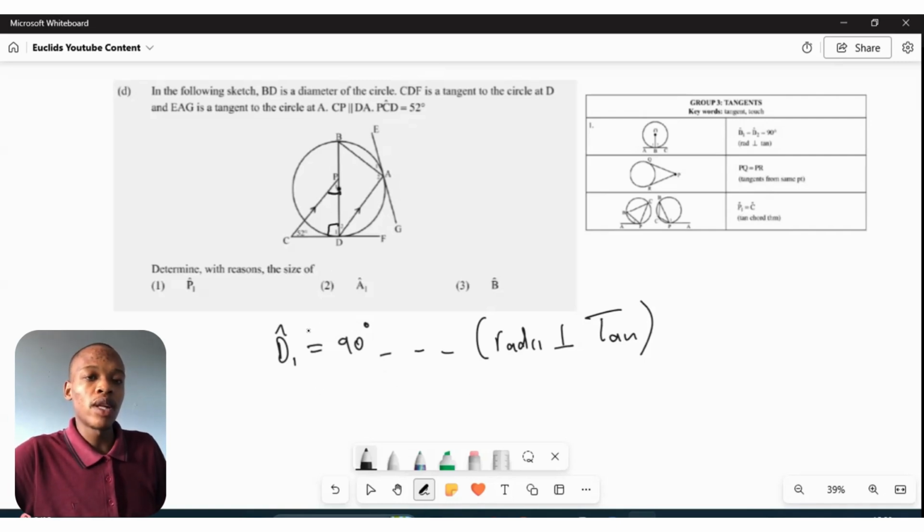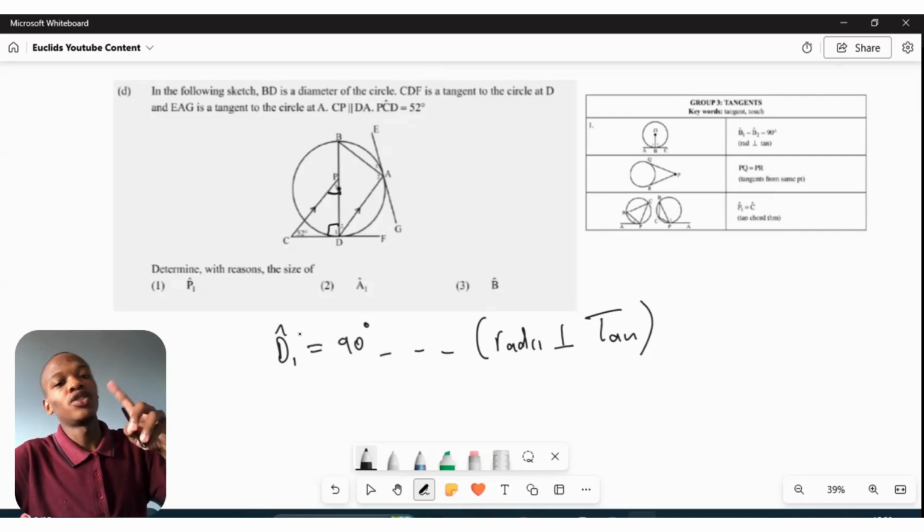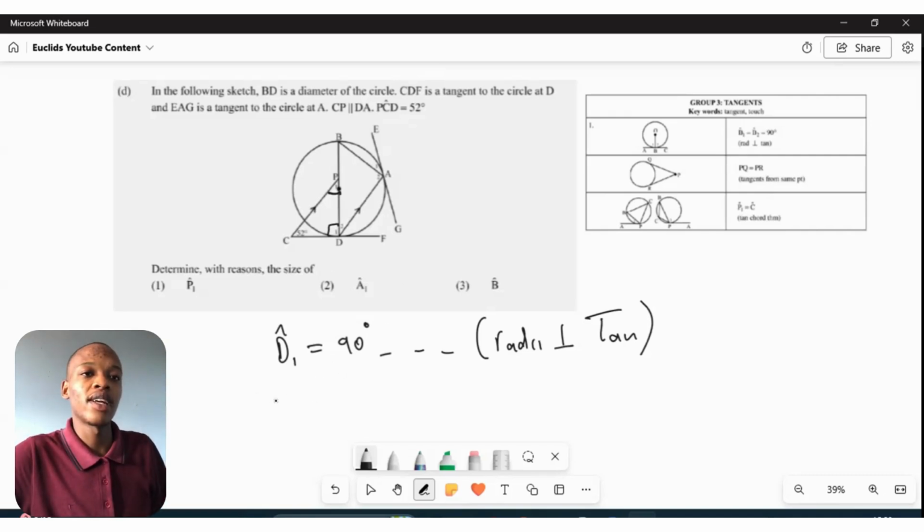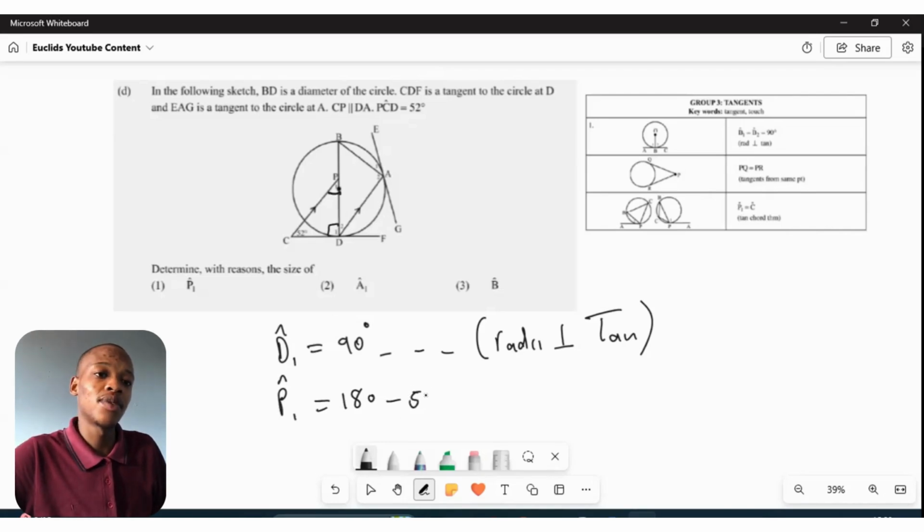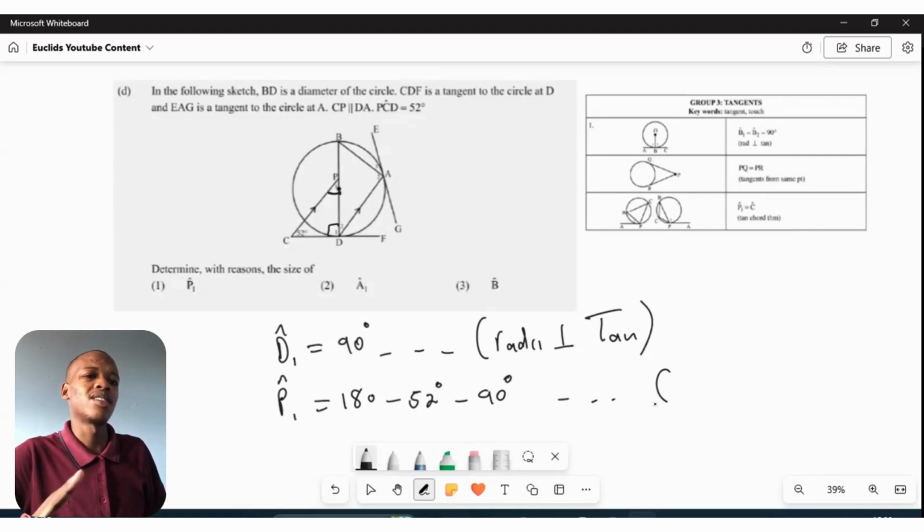So P1 is going to be what? We're going to get P1 due to sum of angles of a triangle. So we're just going to say P1 is equal to 180 minus 52 degrees minus 90 degrees. You aren't supposed to write the reasoning on this one, but I'm just going to write it.